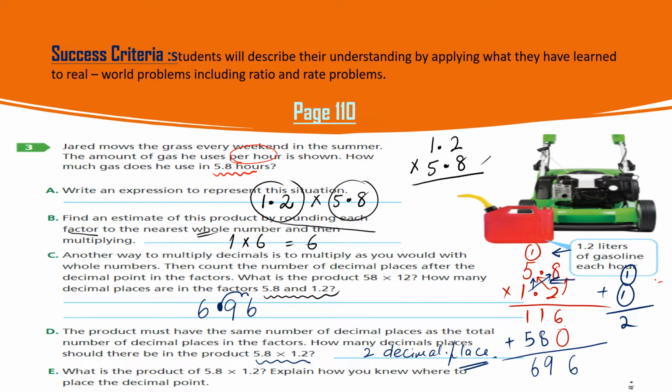So the product is 6.96, right? Explain how you knew where to put the decimal. Of course, we just add the decimal places from the first number and the second number, and we find the answer.